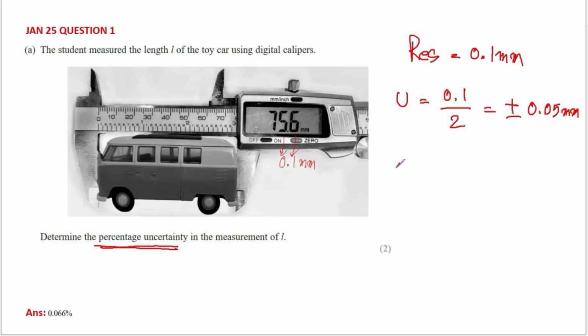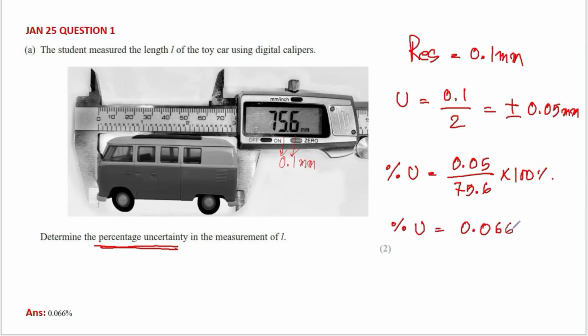Always remember, percentage uncertainty equals uncertainty, which is 0.05, divided by the measured value, 75.6, times 100%, which gives you 0.066%. I suggest my students always give percentage uncertainty to 2 significant figures, which matches perfectly with the mark scheme value as well.